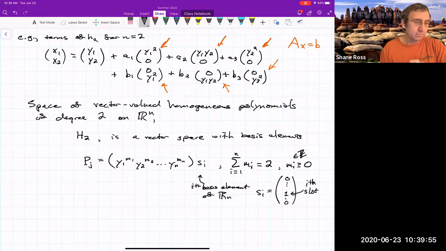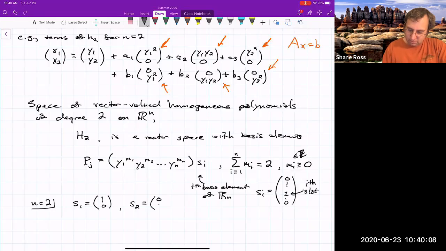Okay. So for n equals 2, we have s1 is (1, 0), s2 is (0, 1).